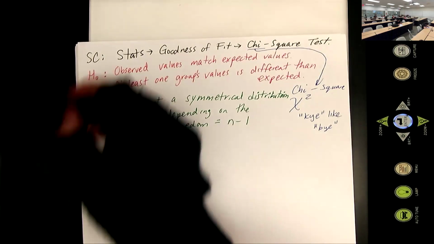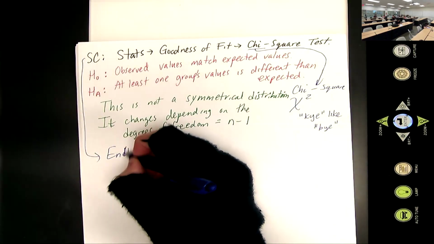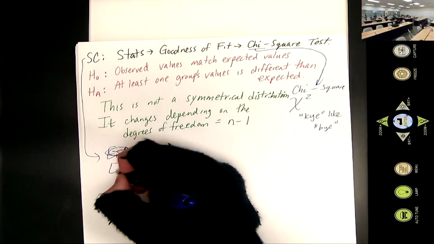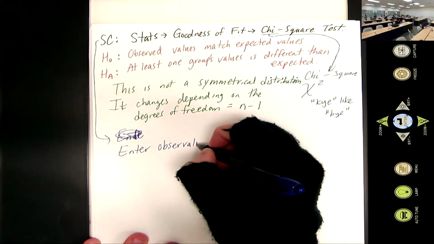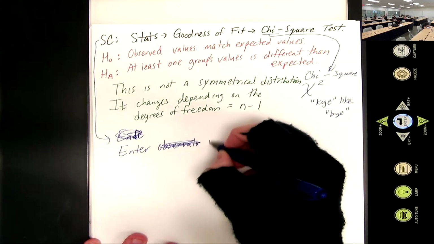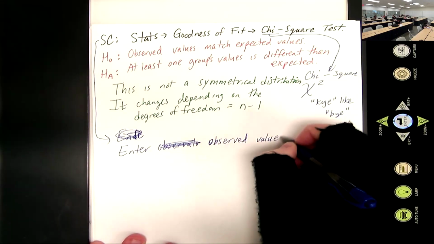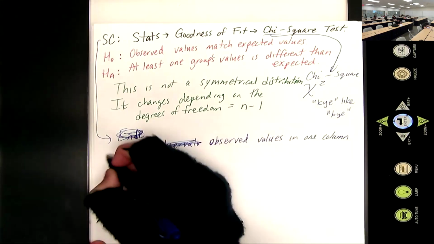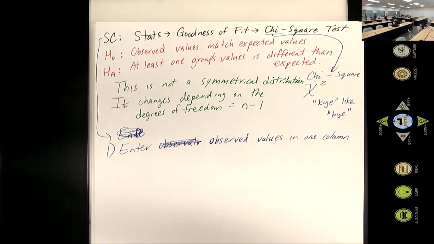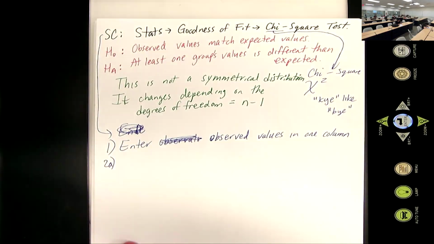So when we're doing StatCrunch, what we're gonna do is enter the observed values in one column. Oh my god, it's a train wreck here. Observed values in one column. Step one. Step two, there's two different ways this is gonna happen.